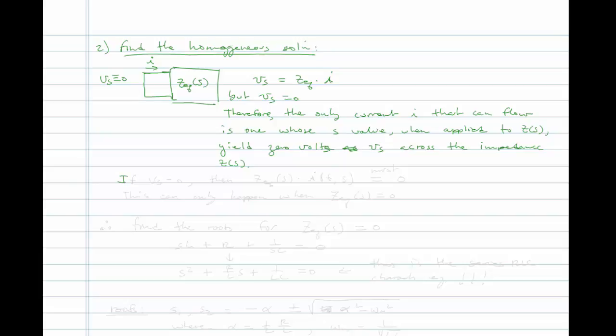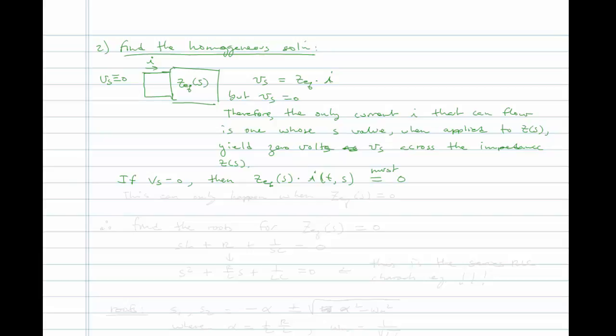So if Vs is equal to 0, then Z equivalent times I, and here I'm going to be explicit and write as a function of time and S, then Z times I must equal 0, because it equals Vs, which is 0.